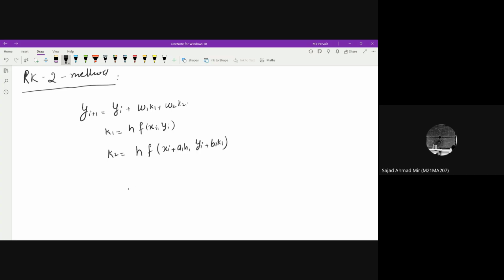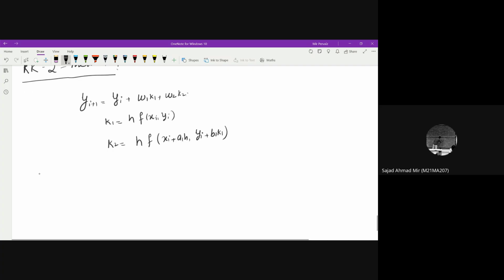This is what the RK method scheme is giving. So your y_(i+1) will be y_i plus, using these values of k1 and k2 in this equation, w1 h times f of (x_i, y_i) plus w2 h times f of (x_i plus a1 h, y_i plus b1 k1).